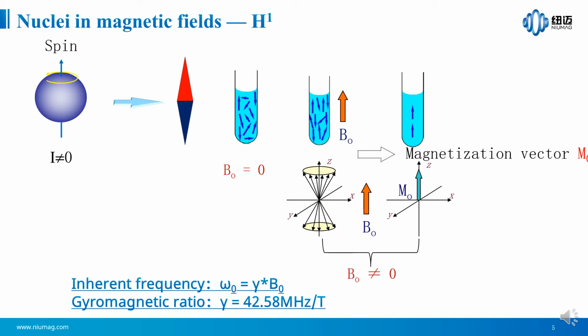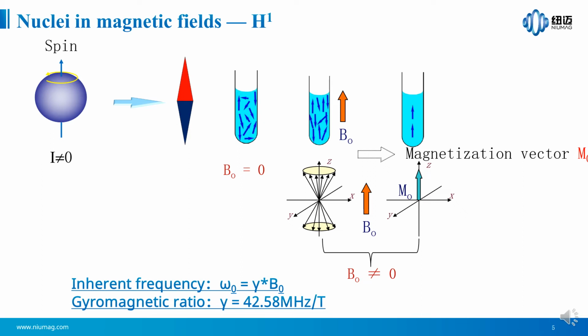And when we are in equilibrium, let's look at the hydrogen nuclei. In a magnetic field, the hydrogen nuclei is always moving. There are two kinds of motion in the hydrogen nuclei.